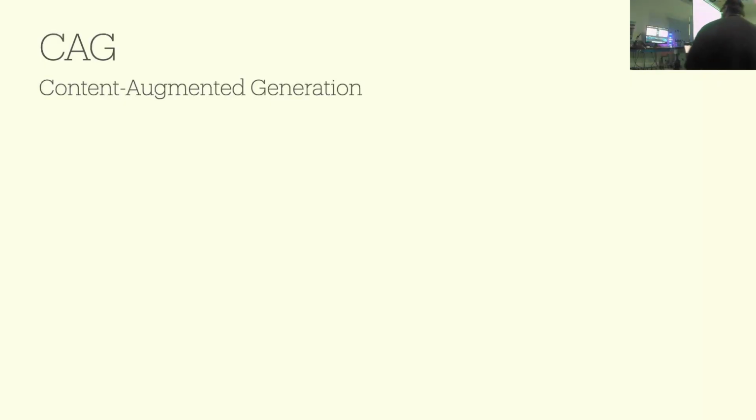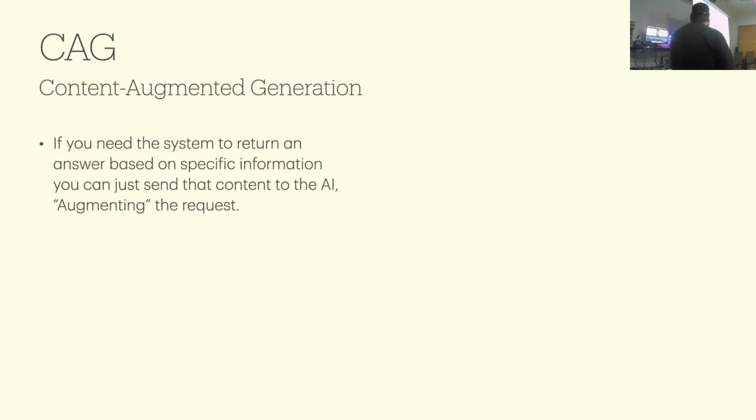All right. So now, what is content augmentation? So content augmentation says, let's say I work for a hospital system and I'm building their website. And I want a chat bot on the website, right, that's going to answer people's questions.